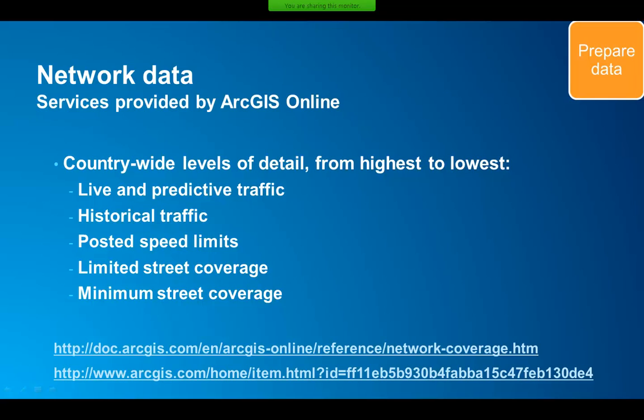For some countries, mainly less developed countries, you might only get a minimum level of street coverage. So the coverage that's available is worldwide, but depending on the country that you're looking at, it'll be somewhere along this continuum where the live traffic is the highest level of detail.